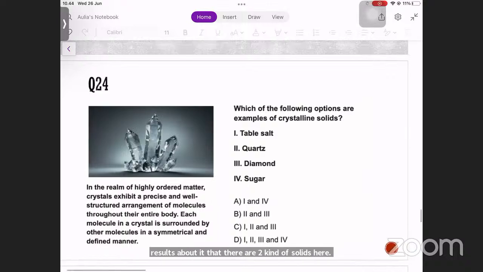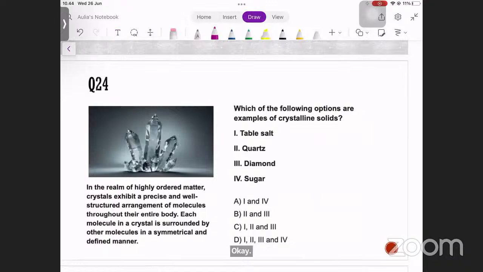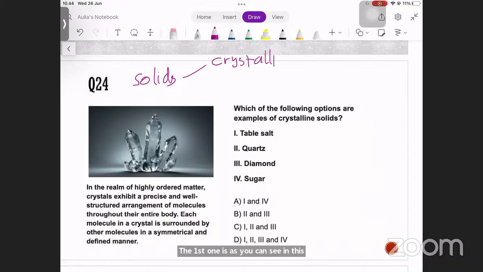Okay, let me write it. There are two kinds of solids. The first one, as you can see in this question, is crystalline solid.